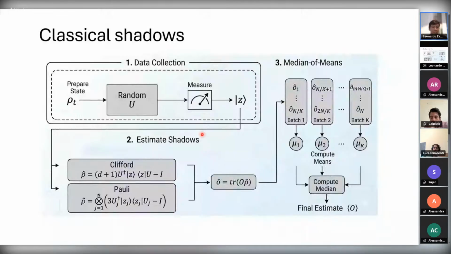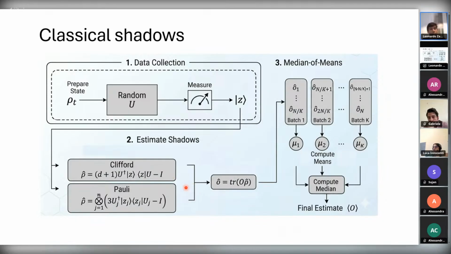We take this classical outcome and map it back to a single shot estimator, a matrix, which is going to be our shadow. Depending on whether we use random Clifford circuits or local Pauli measurements, we get specific formulas and different types of shadows. Again, these shadows are unbiased estimators of the quantum state, but they are not physical states.